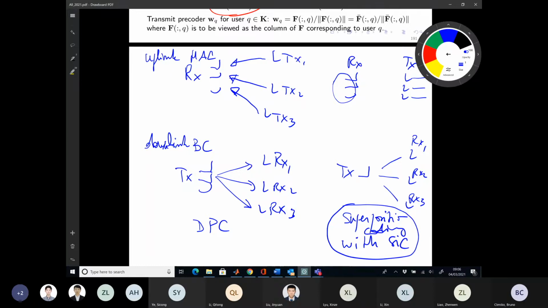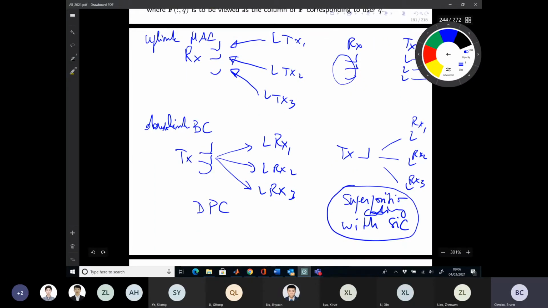Right? Now, this is complicated to implement, so in practice, no one has implemented this, but what is often used is some form of linear precoding or multi-user linear precoding. And one of them that I talked about last week that we finished with is called zero forcing beamforming, right? Which is probably the most popular technique, right?